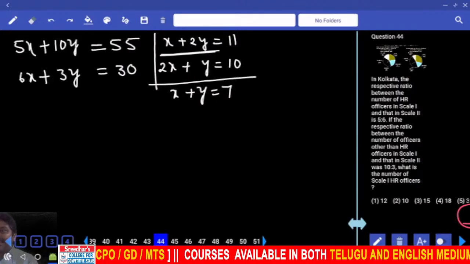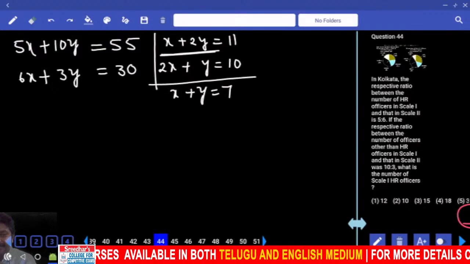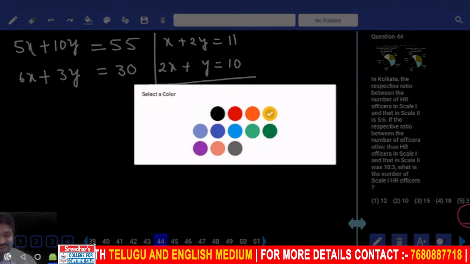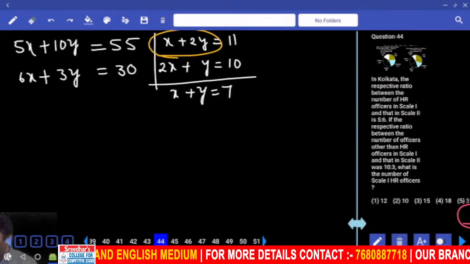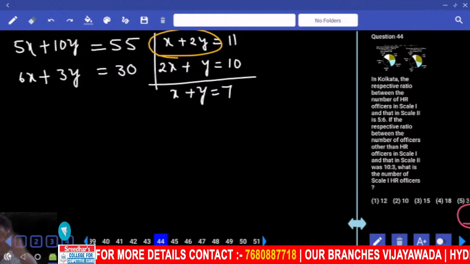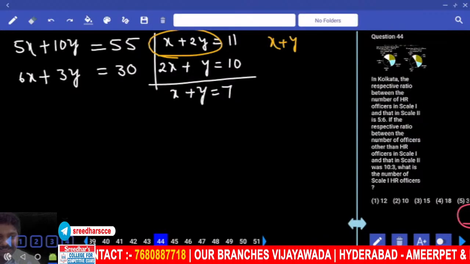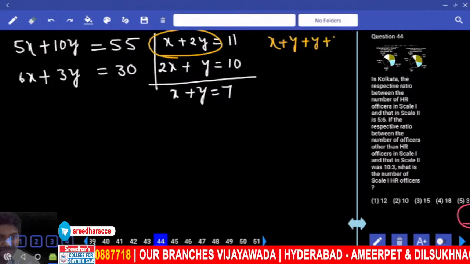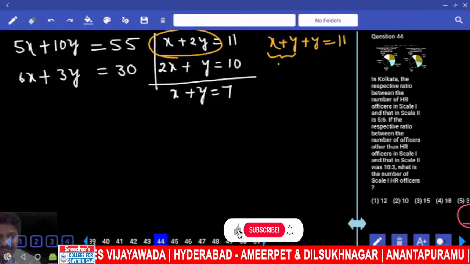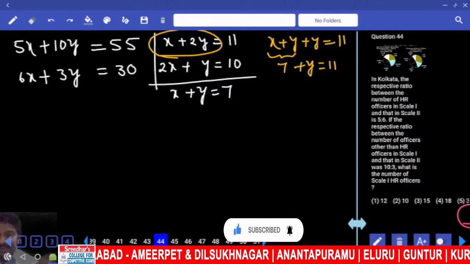If x plus y is substituted here, 7 plus y is 11. What is here? x plus 2y. Out of 2y, I will consider only y. Keep another y separate. So in place of x plus y, if I substitute 7, 7 plus y is equal to 11.